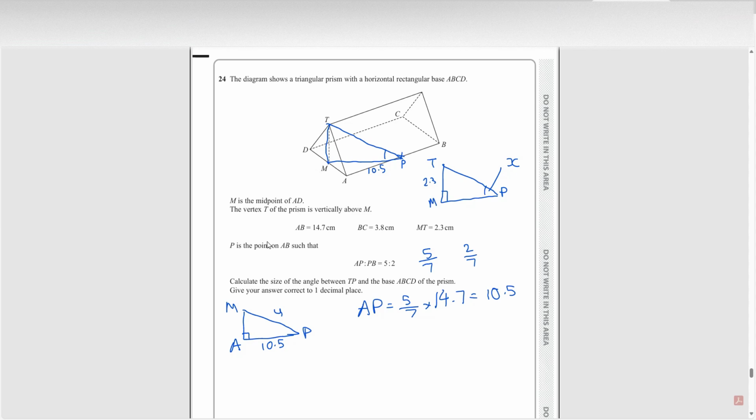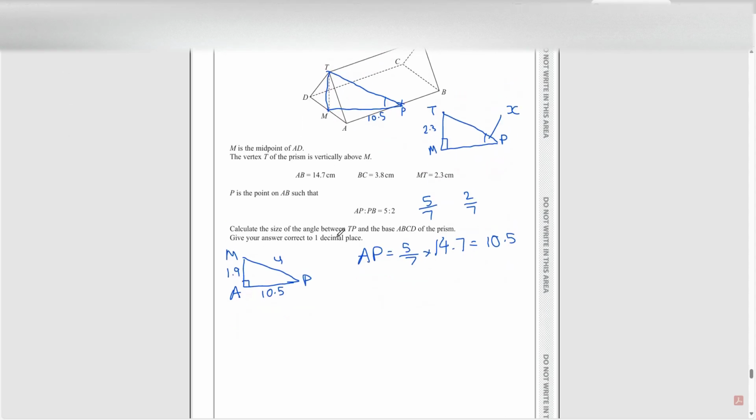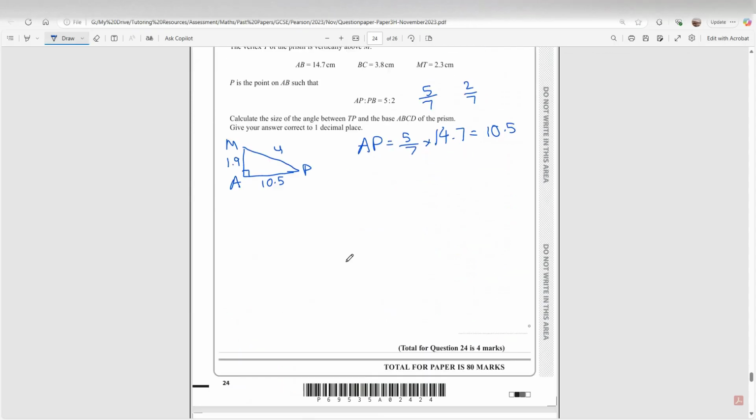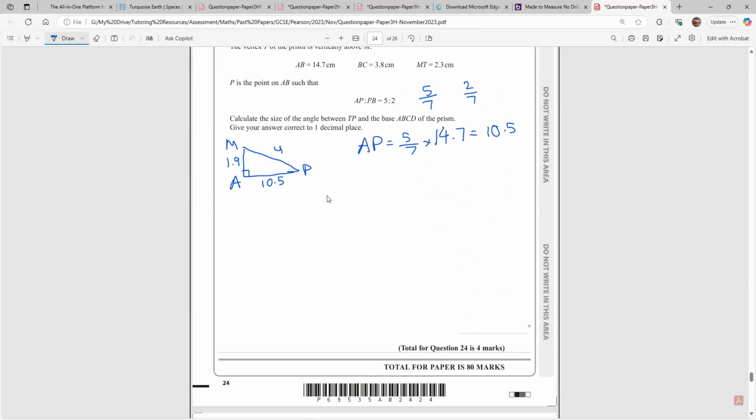So MA is going to be half of DA. DA is 3.8. So that's going to be 1.9. Now what we can do on here, we can just do some Pythagoras. So we can do 10.5 squared plus 1.9 squared is going to equal y squared.